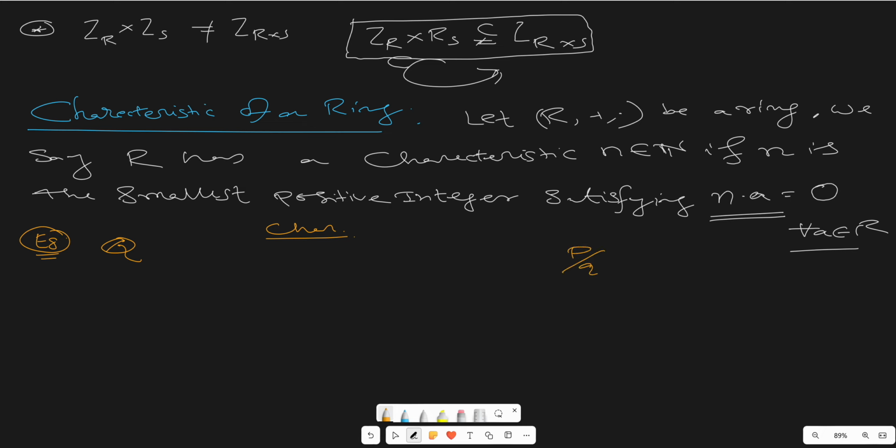Can you find any positive integer n such that n times p by q will give you 0? As usual, n times p by q is 0 except when n is 0.